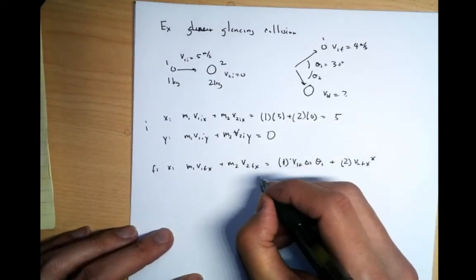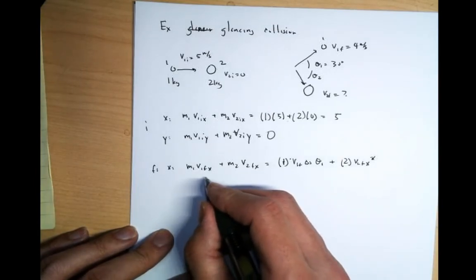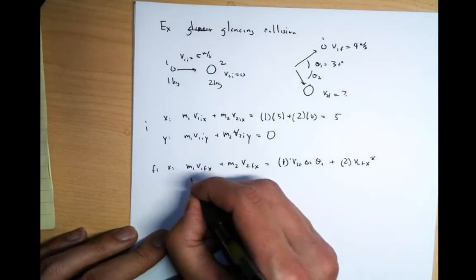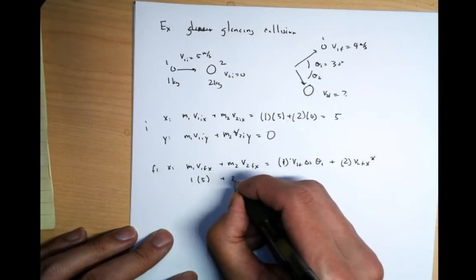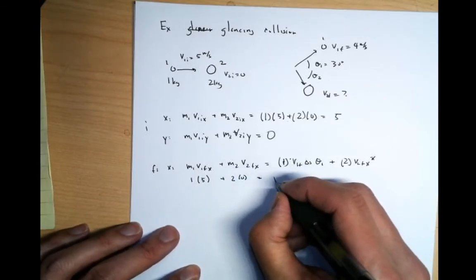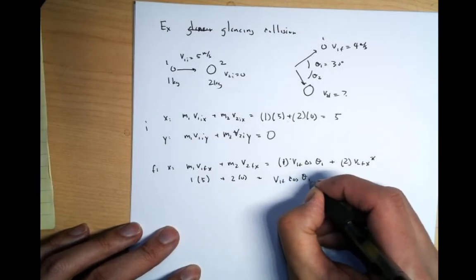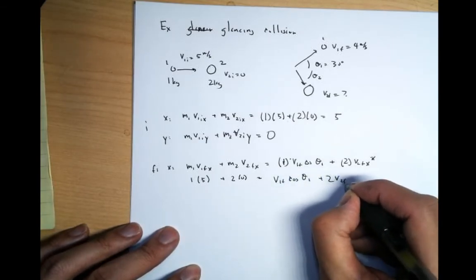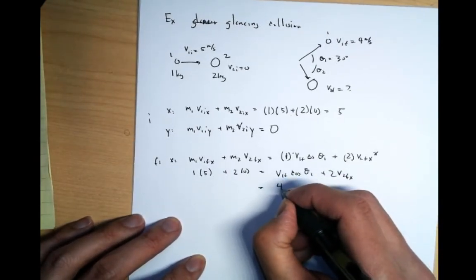Okay, so now I'm going to go ahead and solve this thing right now. So for the x component, this was basically 1 times 5 plus 2 times 0 is equal to v1f cosine theta 1 plus 2 v2fx, right? So we plug everything in. This was basically 4.